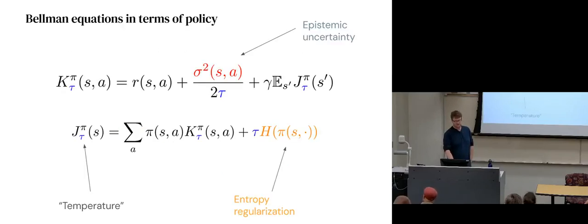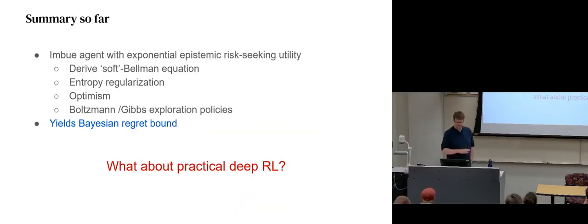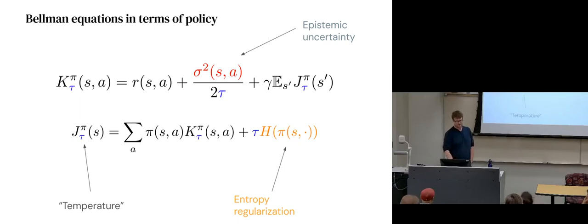Now, I don't have a Bayesian regret bound, or any type of regret bound, for the rest of these results, but it's more about trying to get these algorithms closer to something that actually works in practice. So people do a lot of entropy regularized policy gradient, so we're going to do that instead of trying to solve all the Bellman equations, which is a model-based approach. We're trying to be online model-free, and do it in terms of the policy rather than in terms of the action values.